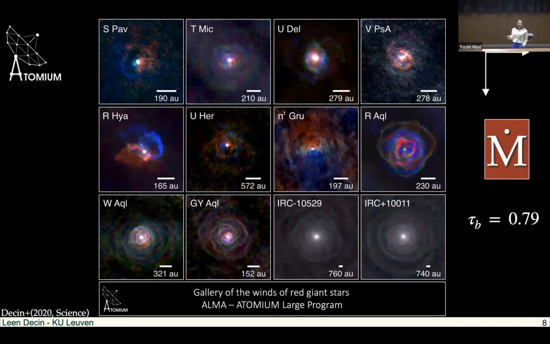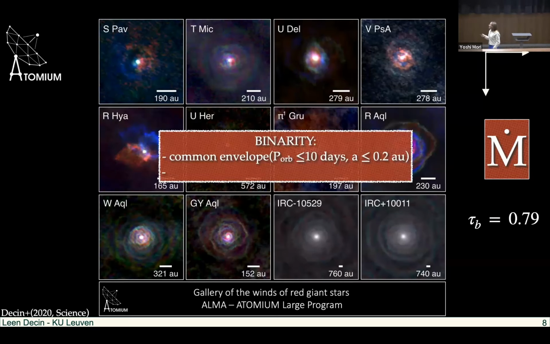There's a clear correlation between Maslow's weight and the morphology, and even better if you would include here the expansion velocity. So it's not a two-dimensional axis, you have a three-dimensional diagram. The cause of that: binarity.